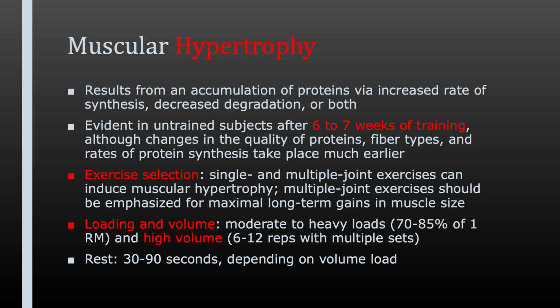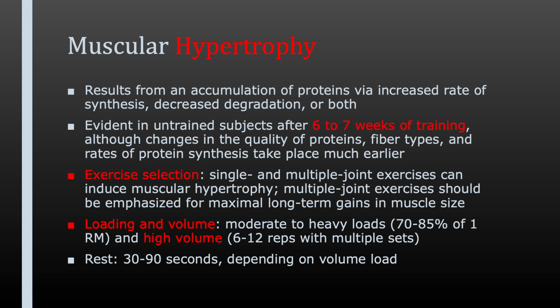Muscular hypertrophy is the result from accumulation of proteins via the increased rate of synthesis, decreased degradation, or both. So hypertrophy heavily relies on the protein intake that we take. But furthermore, again, for this class, the loading and volume is key, jumping down to that third and fourth bullet point.